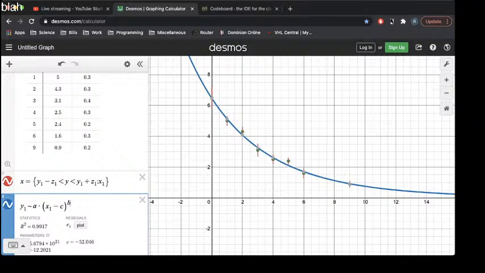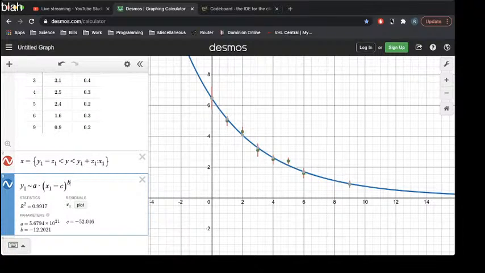Do you guys remember that if you do f of x minus 5, for example, it shifts the graph horizontally. If you do y equals f of x plus c, it shifts it vertically. If you do y equals f of the quantity x minus c, it shifts it horizontally. So I've shifted the power law horizontally by putting in this horizontal shift. And that actually fits really well.